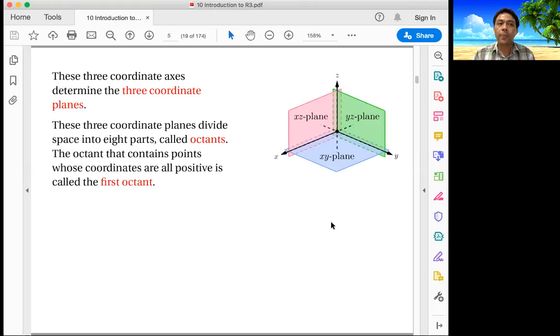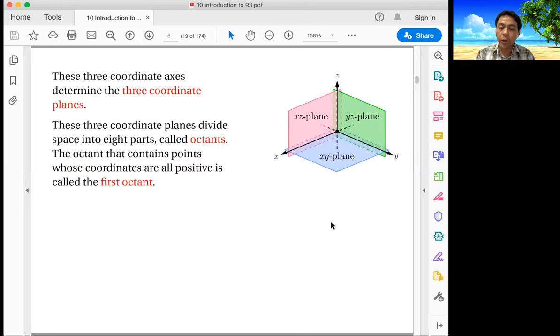Now, by convention, we take the positive x-axis to be the part of the x-axis towards us. The positive y-axis is the part of the y-axis to the right, and the positive z-axis is the one going up. The rest will be the negative parts of the axes.